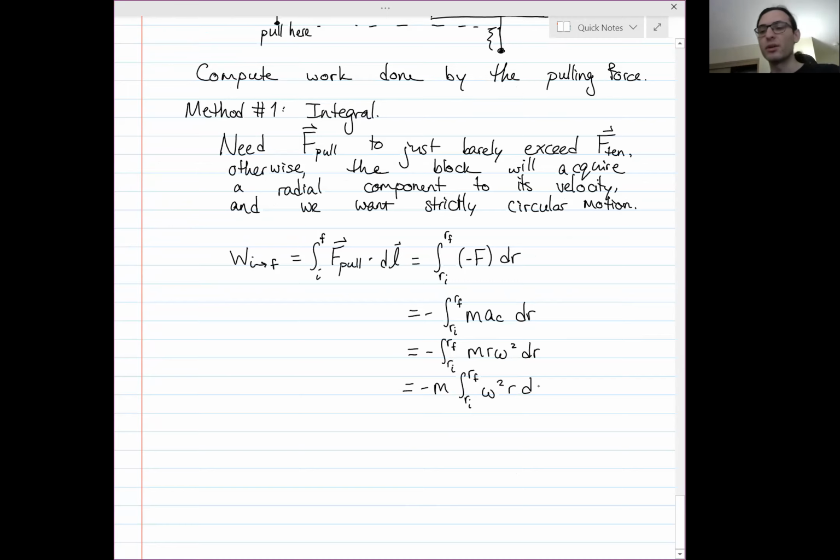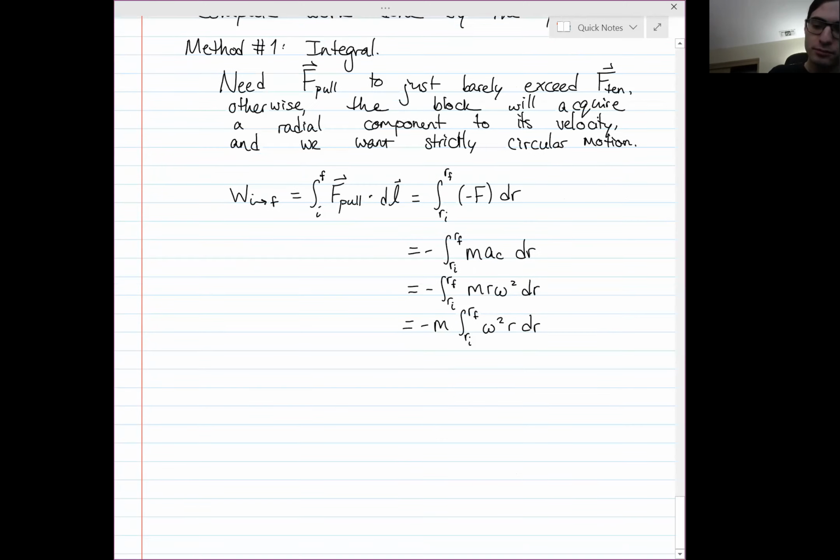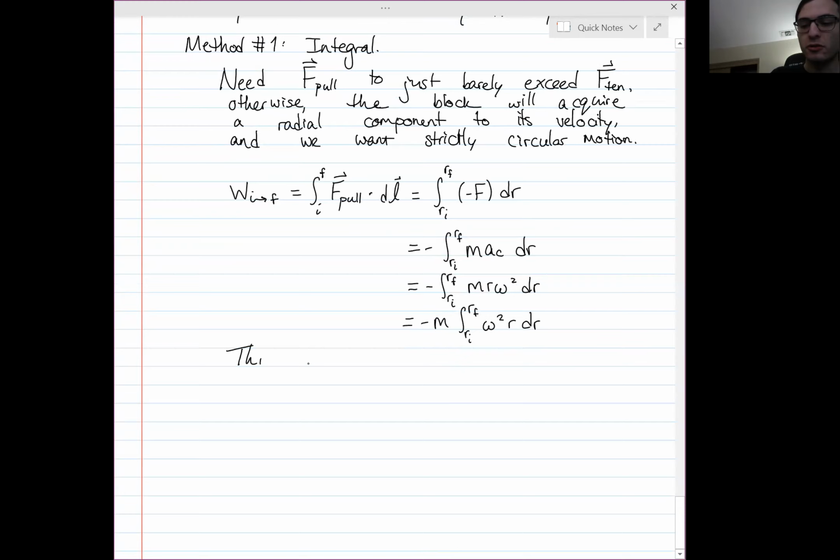Now, omega here, keep in mind, is not constant, right? Omega is the angular velocity, and it's speeding up as it goes around, as it's pulled in. So actually, what we have to do is figure out what omega is in terms of r. But this force produces no torque around the hole.